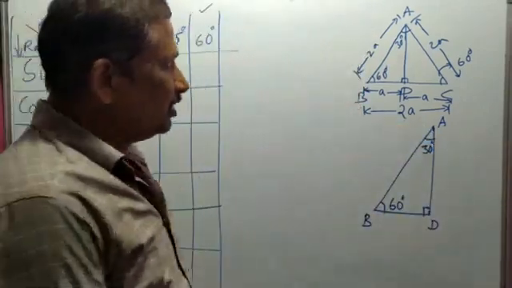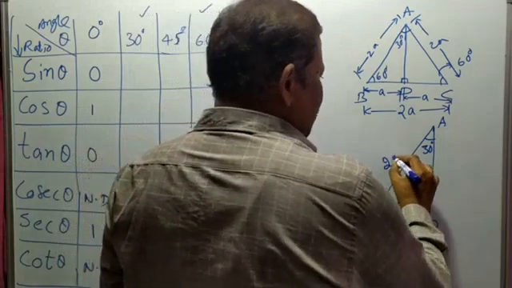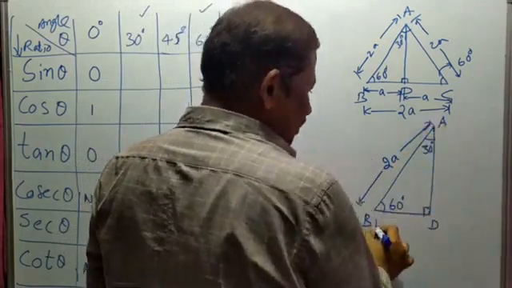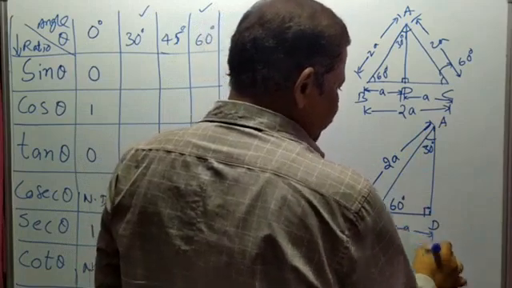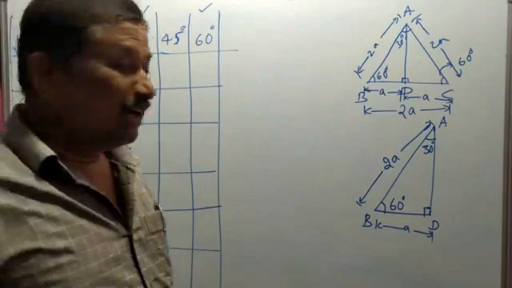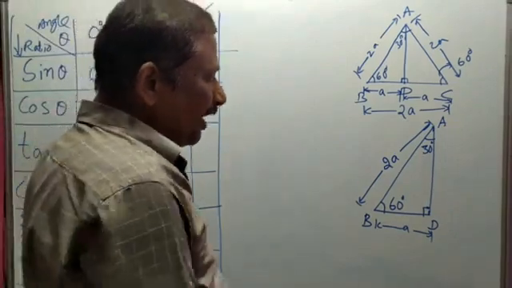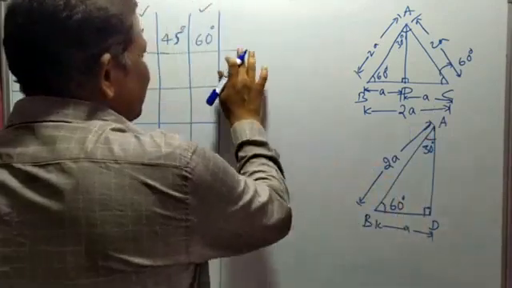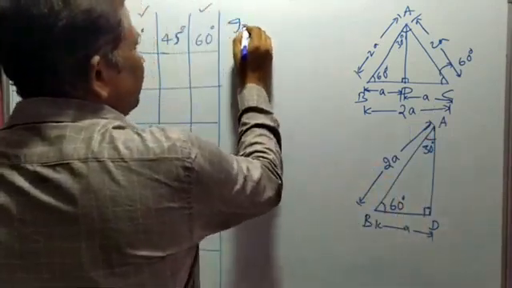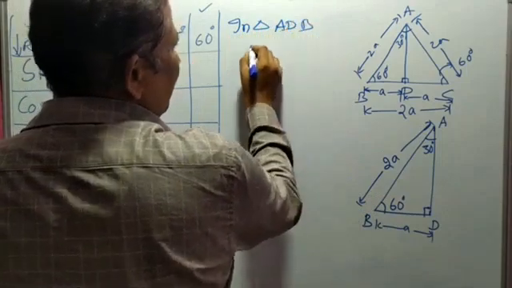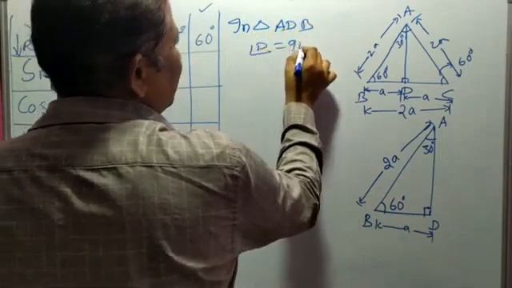From this we know the side length is 2a, and BD is a. Using the Pythagoras theorem you will find the AD value. In triangle ADB, angle D is 90 degrees.